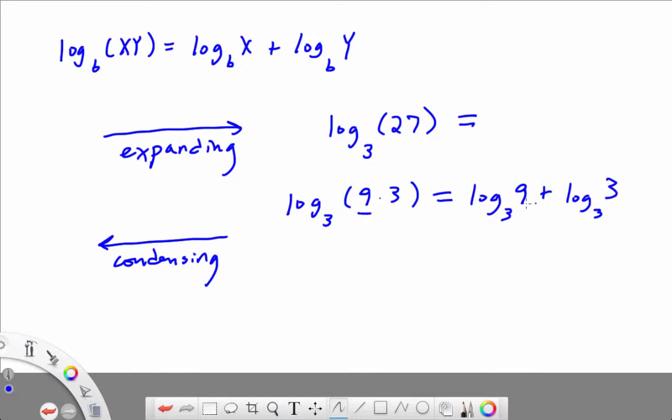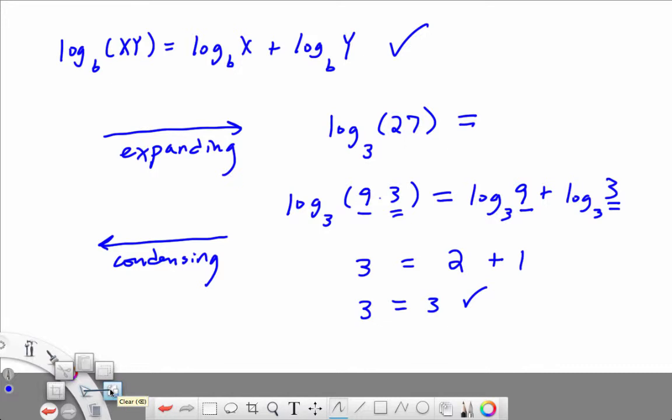In other words, the 9 is here, the 3 is here. So we just applied this property above. Now 9 times 3 is 27, so the left side is log base 3 of 27, which is 3, because 3 cubed is 27. Now what is log base 3 of 9? That's 2. 3 squared is 9. And log base 3 of 3 is 1. So we get 3 equals 3, which is true, obviously.